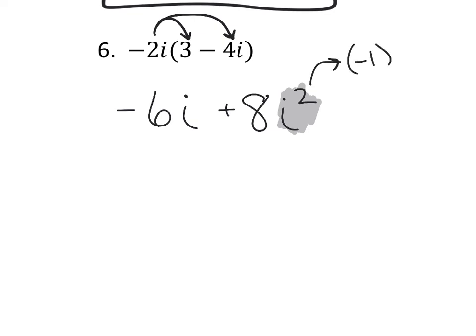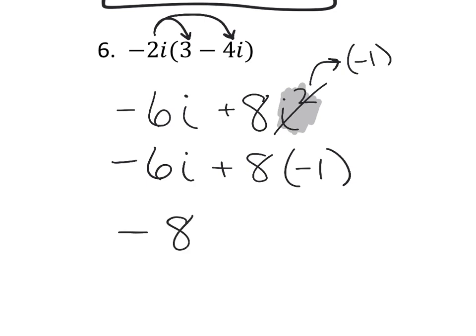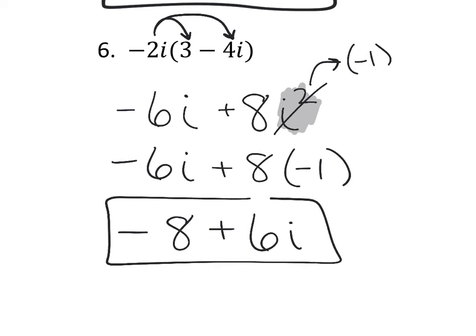I like showing my work like this, actually crossing out and saying it's going to be a negative 1 instead. So we would have negative 6i plus 8 times negative 1. And 8 times negative 1? Negative 8. And I put the real part first, so it should be negative 8 plus 6i. I'm sorry, minus 6i. My bad.